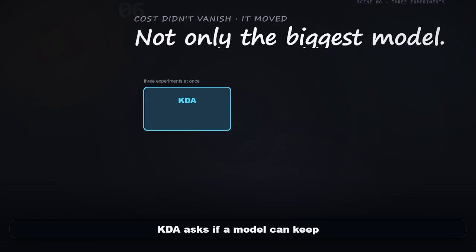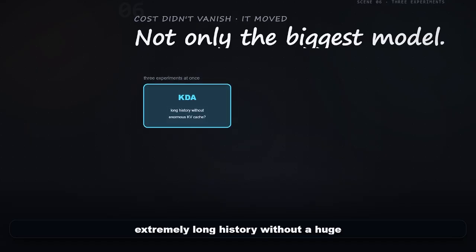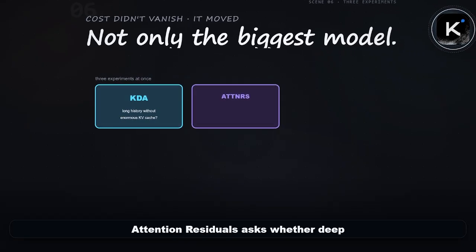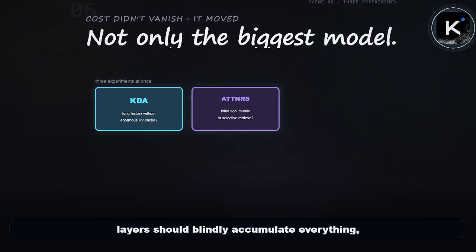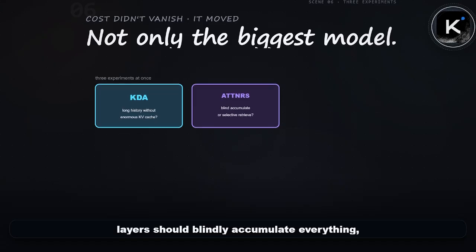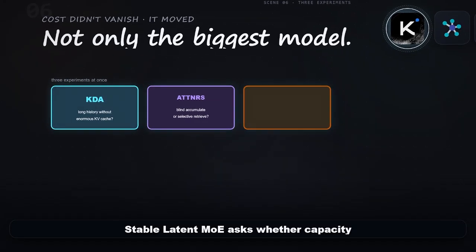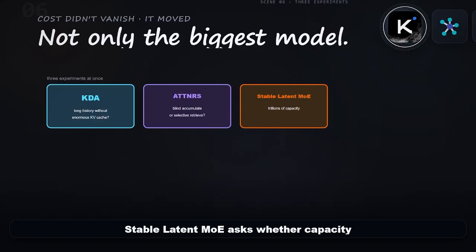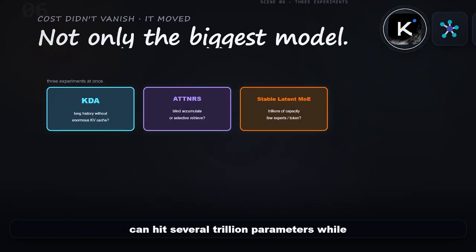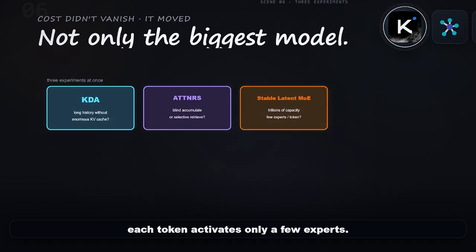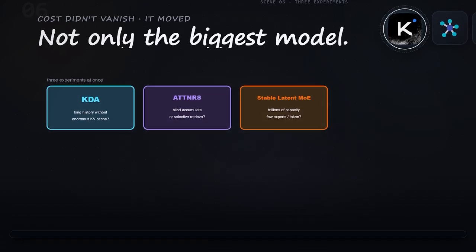KDA asks whether a model can preserve an extremely long history without an enormous conventional KV cache. Attention Residuals asks whether deep layers should blindly accumulate everything that came before or selectively retrieve the representations they need. And Stable LatentMoE asks whether total capacity can reach several trillion parameters, while each token activates only a small fraction of the available experts.